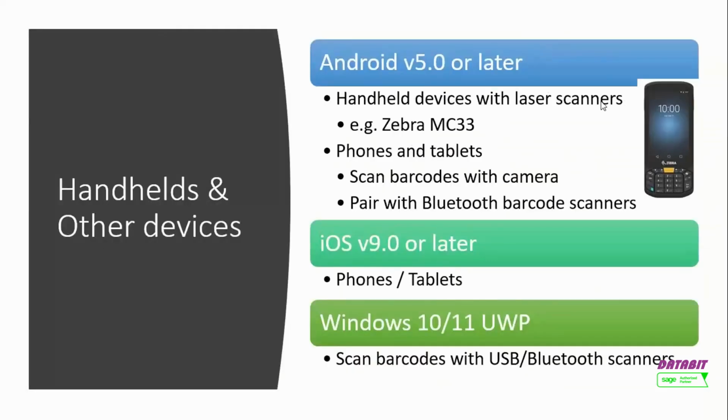So let me just quickly reiterate that the Barcode solution does work on different devices. Primarily right now we're working with Android devices, something like a handheld Zebra MC33 or TC20. It could also work with phones and tablets. Some clients will just add a barcode gun to a tablet and then scan using that method.